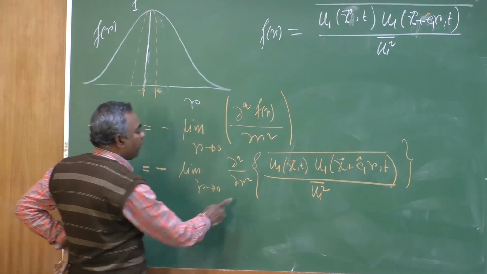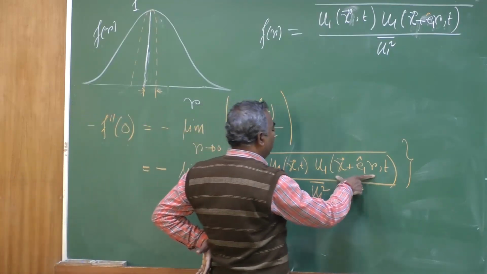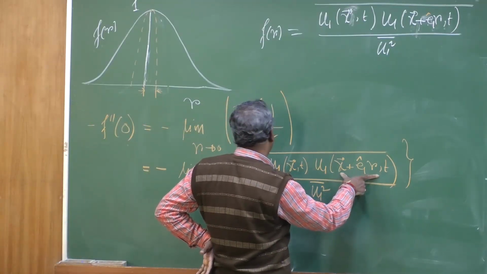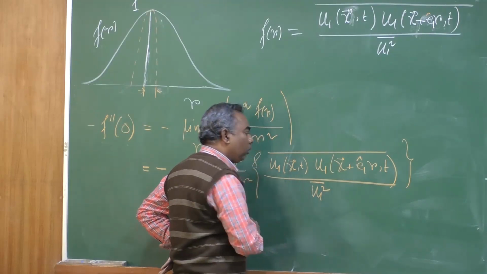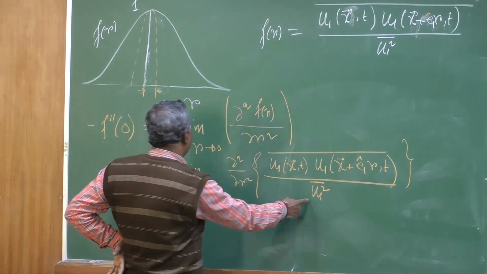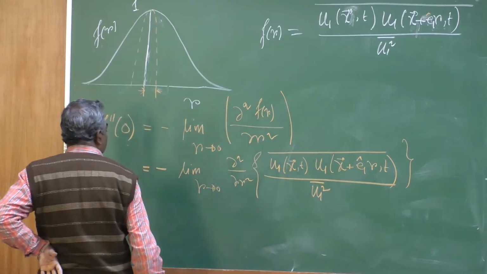Now, you see this is the only quantity which depends on r. The other quantities do not depend on r, so we can take them out.